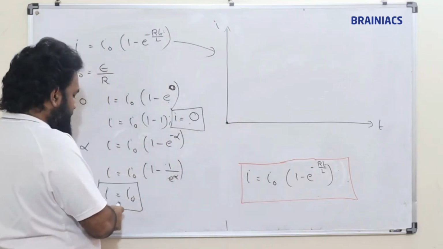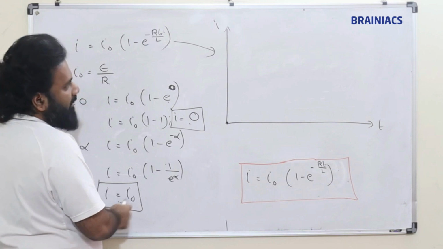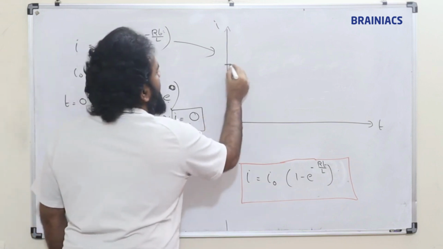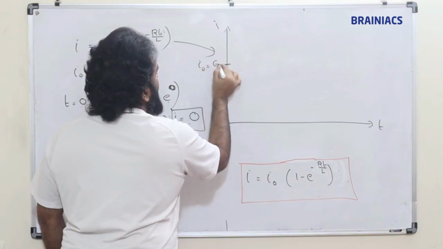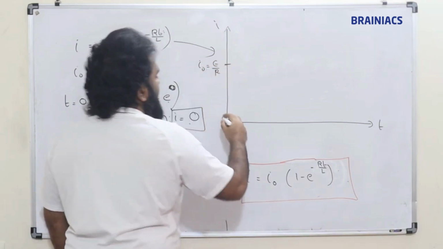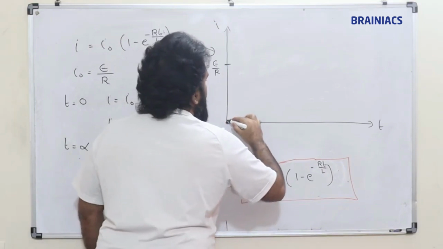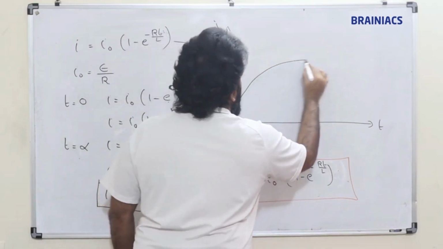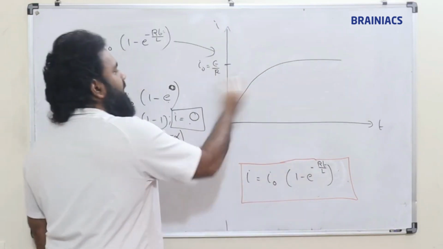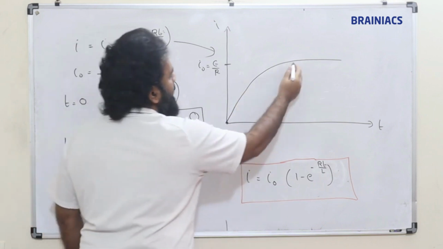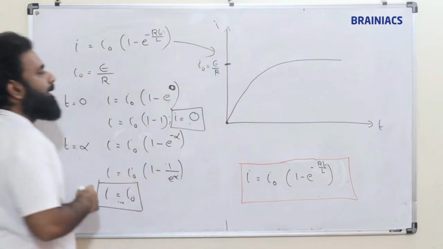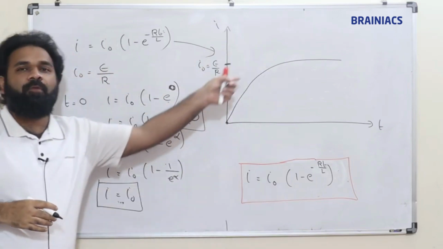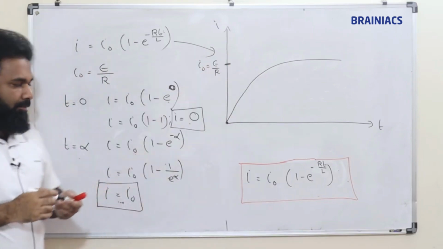At a time t is equal to infinity, the value of current will be maximum, so here we have I naught equal to E by R. This will increase exponentially. Clear? This is how the growth of current in the inductor happens. Please note it down.